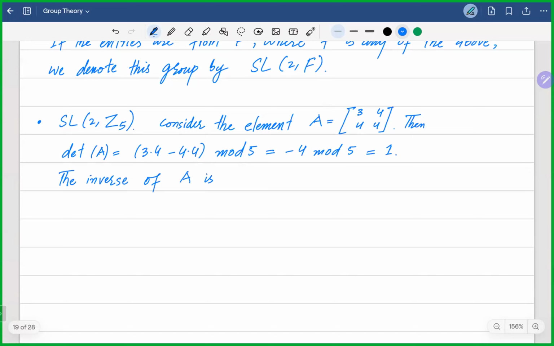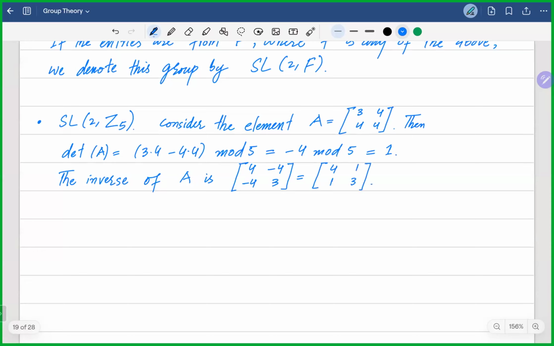Now the determinant is 1 in this case, so you will have 4, minus 4, minus 4 and 3. That's it. Now you can't write minus 4, so you have to write that. So that will be 4, 1, 1, 3. And this is the inverse.